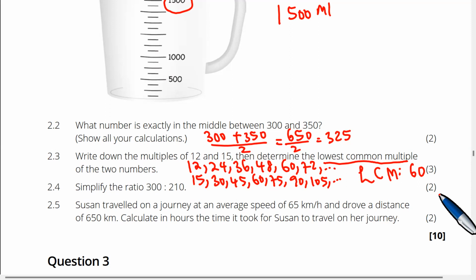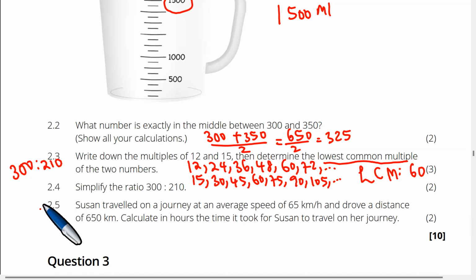Is it 75 and... That's fine. Right, so we have 300 to 210.